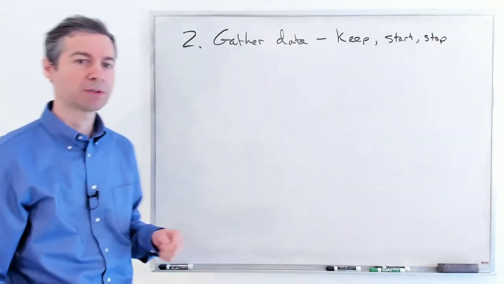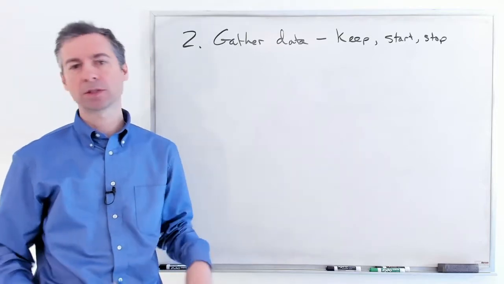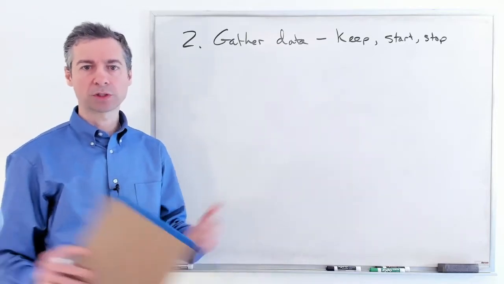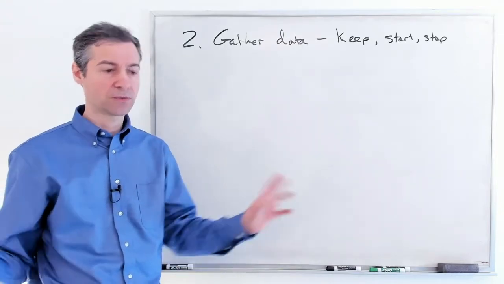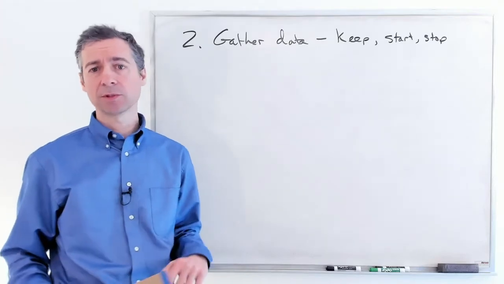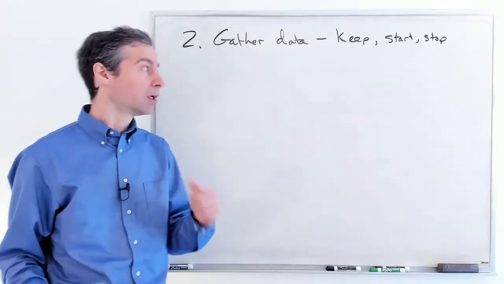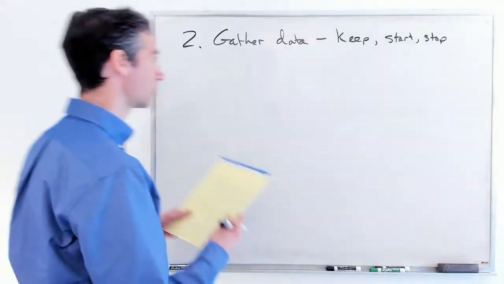Oftentimes for larger sprints, teams will have the Scrum Master bring in the burn down chart, show the Scrum board, show bugs, all sorts of data, or feedback from the client at the sprint review, all sorts of stuff that people could mull over and think about. But we're just going to use a very simple keep, stop, and start.